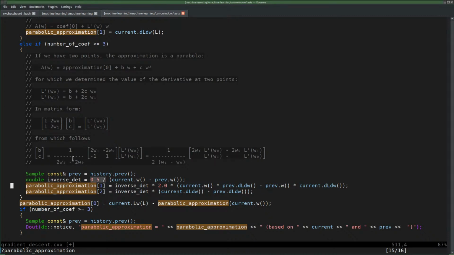Okay, so we have a half, so current is W1 and previous is W0. And then this part here is the inverse determinant. And this part here is literally being calculated, apparently.